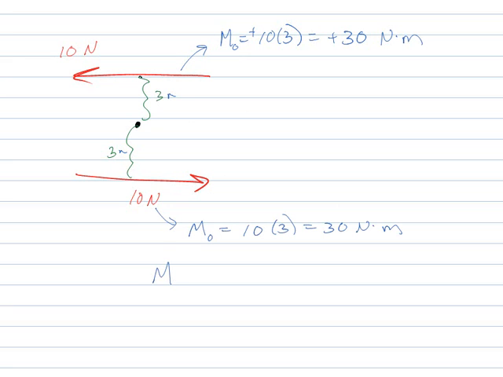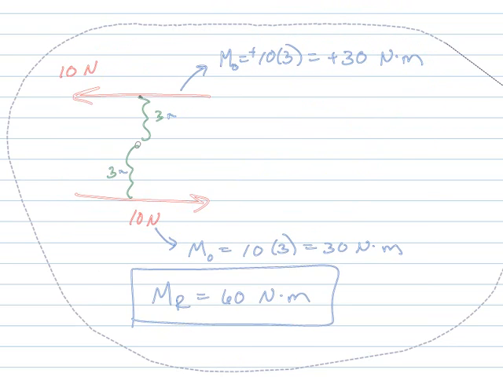So the resultant moment is 30 plus 30, so 60 newton meters in the positive direction, right? So I'm perfectly content doing this. Okay.